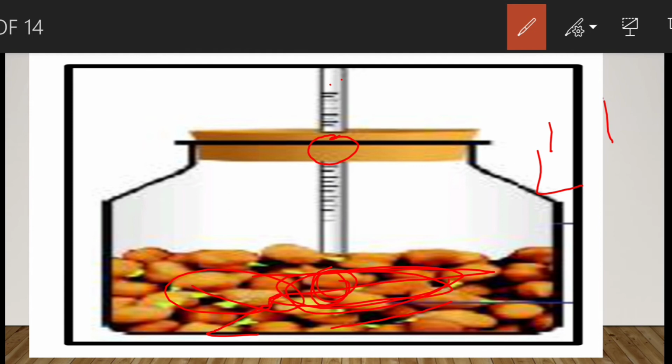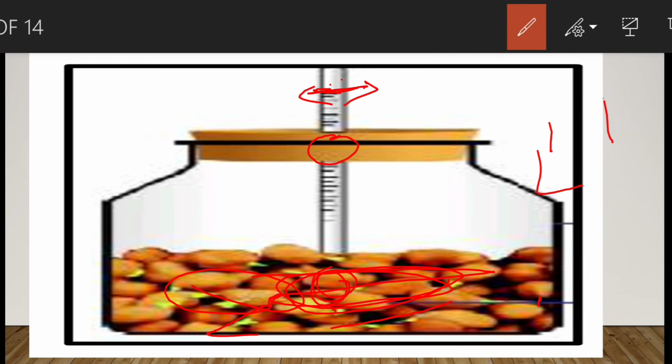Next, record the initial temperature. Whenever we insert the thermometer in the sprouted seeds, we record the initial reading, and we arrange the identical set with the dry seeds also. We leave these sets undisturbed for 24 hours.